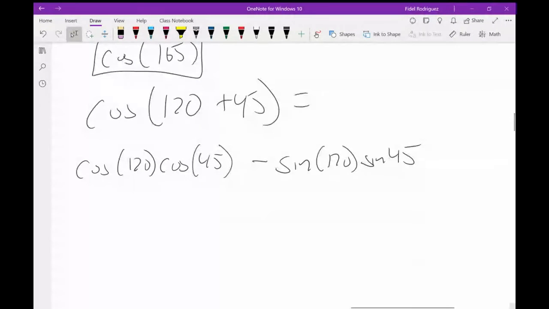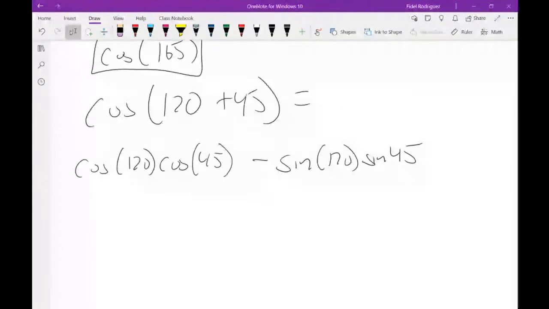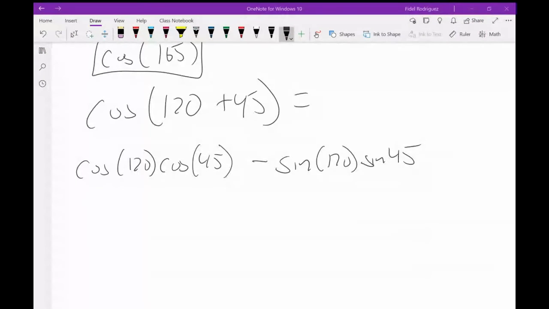I'm going to try to make this a little bit easier. I think I put the formula sheet here somewhere, didn't I? Here we go. Okay, so let's look at that formula sheet. We want cosine of 120 and cosine of 45.